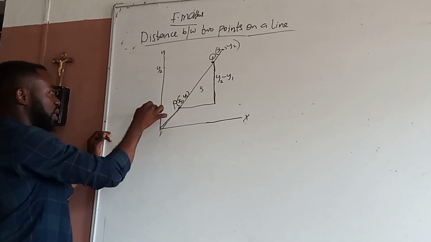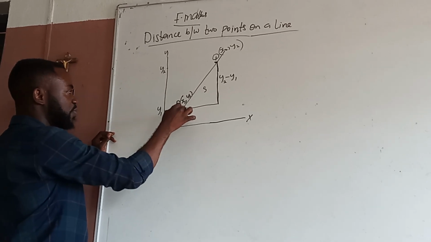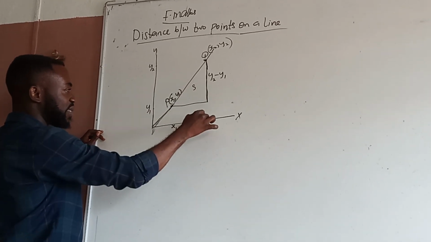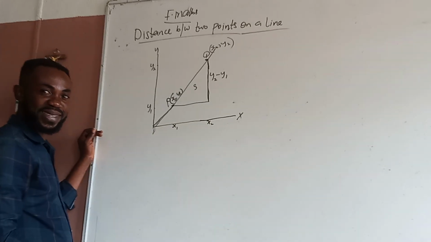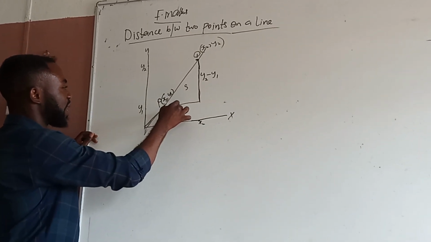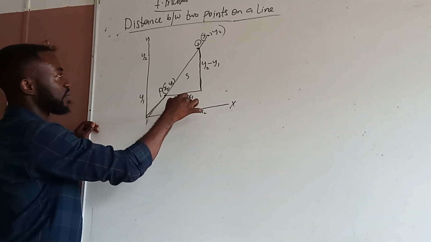This point is x1, and this point is x2. So the distance from here to here is x2 minus x1.